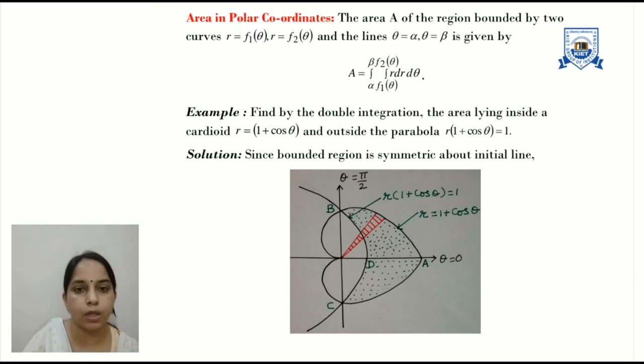And talking about the limits of r, r goes from the r of the parabola to the r of the cardioid. So the lower limit of r is 1 upon 1 plus cos theta, and the upper limit of r is 1 plus cos theta.